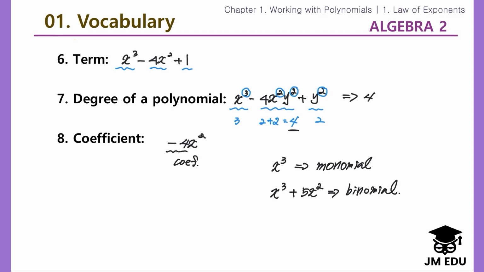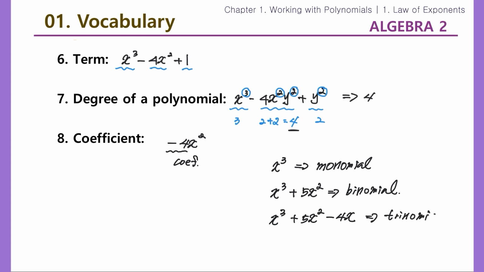Let's say we have a polynomial with 3 terms, x cubed plus 5x squared minus 4x. 3 terms, we say this is a polynomial with 3 terms, or trinomial. Trinomial.